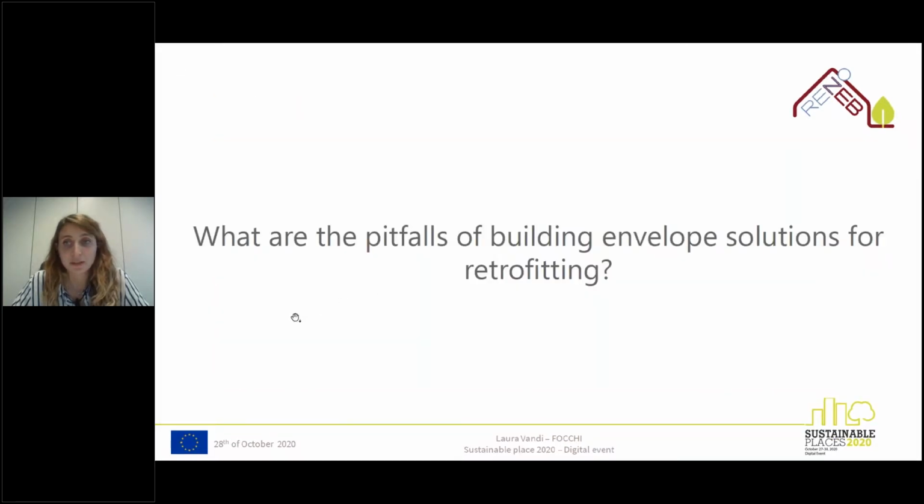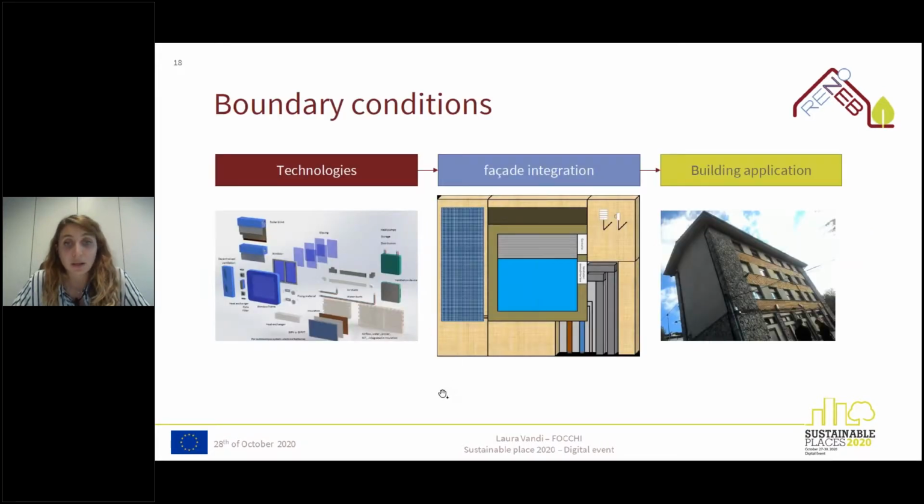The second question is, what are the pitfalls for building envelope in the retrofitting intervention? As I said, the main theme of the renoZEB project is the plug and play.